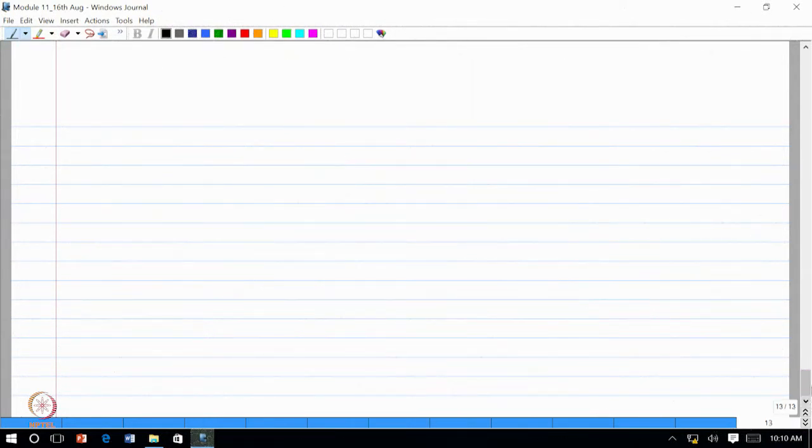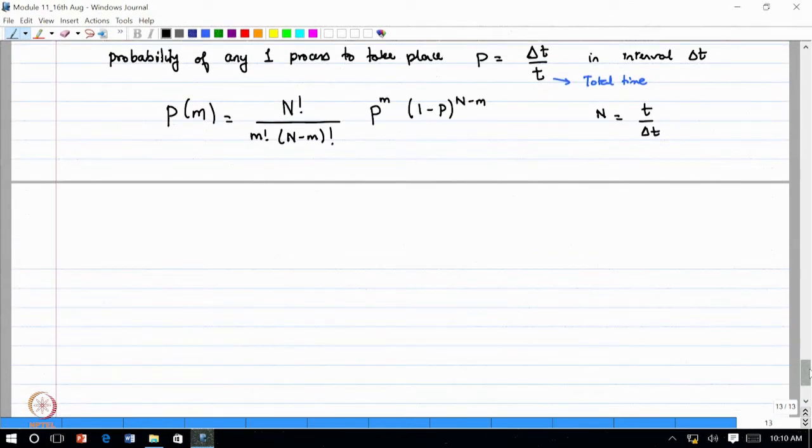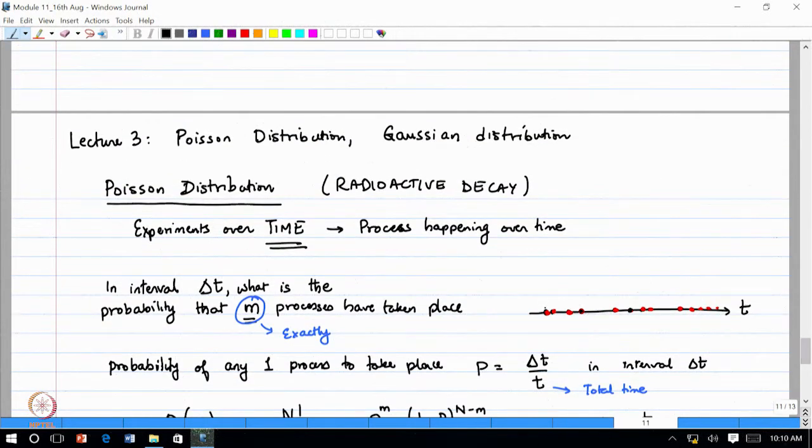N is the total number of intervals. What you are imagining is that you are breaking up this interval of time from 0 to t into units of delta t.